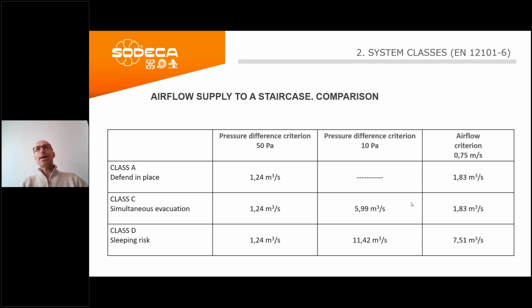And finally, for the airflow criterion, it's the same for Class A and C because we only have to consider one door open, the one at the fire level. But for Class D, we have to consider the door at the fire level and also the exit door. That's why we have such a difference in these 2 numbers.